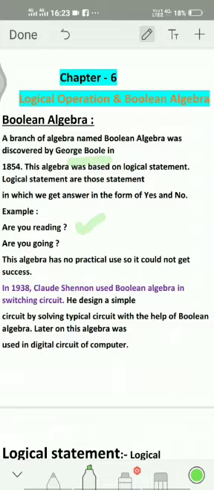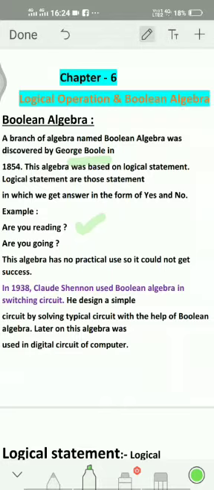Okay, and in 1938, Claude Shannon used Boolean algebra in switching circuits. He designed a simple circuit by solving a typical circuit with the help of Boolean algebra. So later on, this algebra was used in the digital circuits of computers. This is very important. In the past, when Boolean algebra was discovered, this algebra had no practical use.